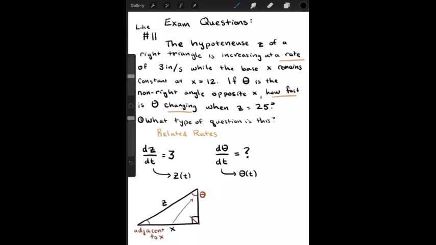Right? So, can we think of any ways we have to relate a side x, the hypotenuse, and the angle opposite x?